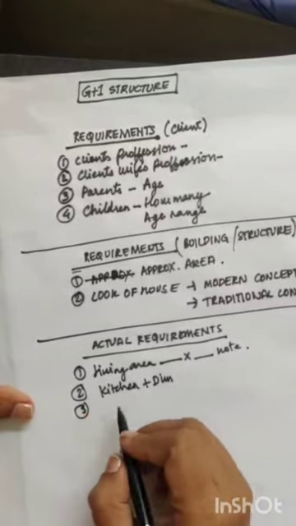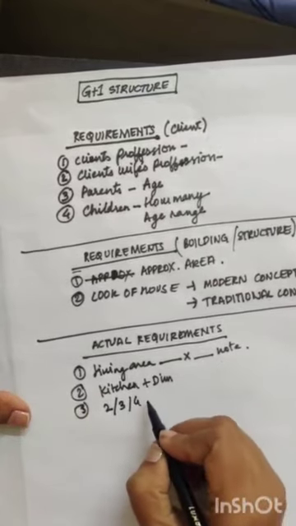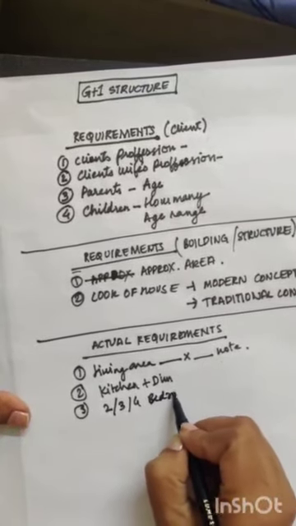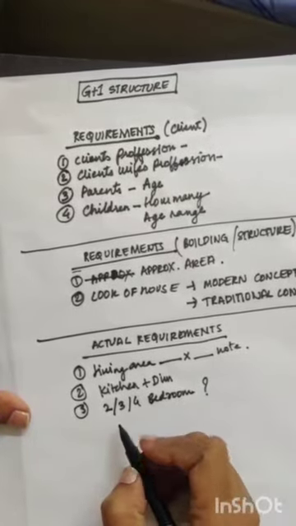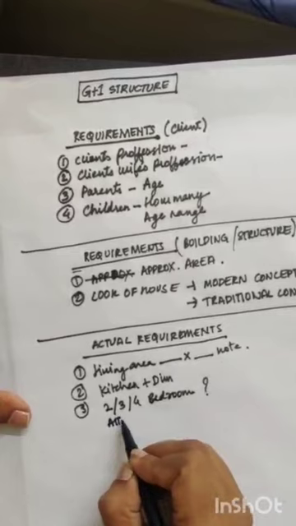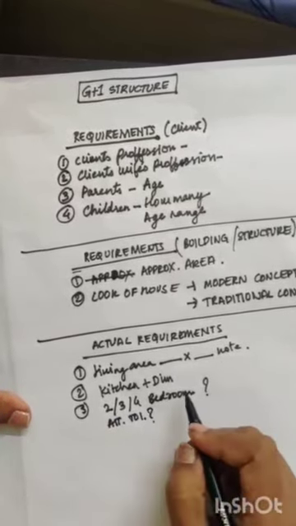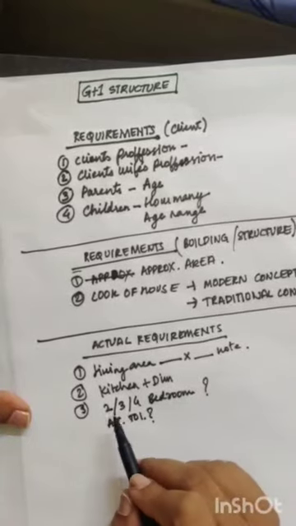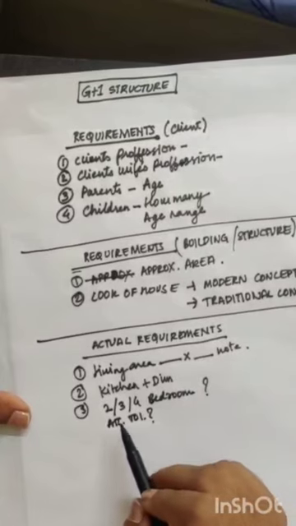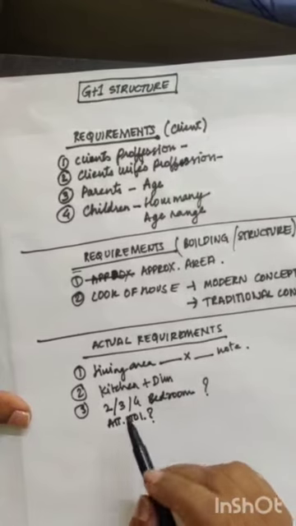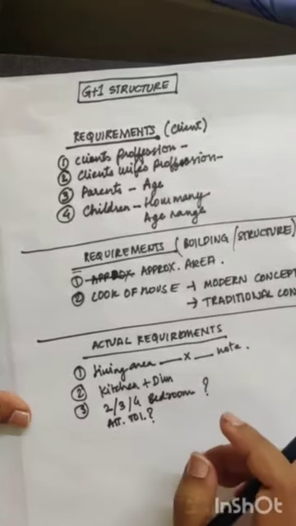The third thing is whether they are looking for 2, 3 or 4 bedrooms. How many bedrooms? And attached toilets for the bedrooms, how many? Because generally if it is a combination of 2 bedroom, hall, kitchen, dining and toilets, in this concept we have one common toilet and one attached toilet, since it's 2 bedroom.